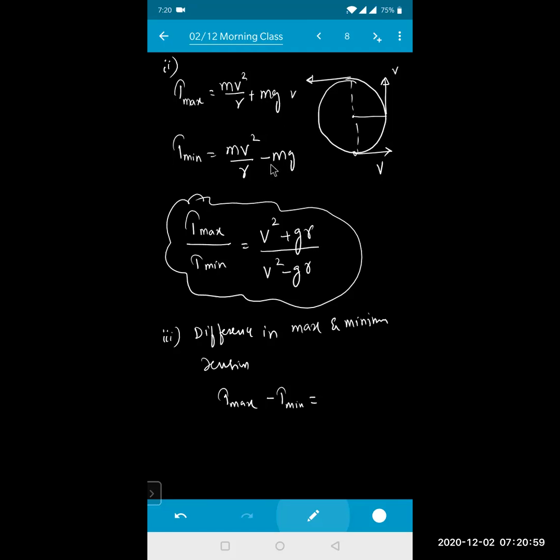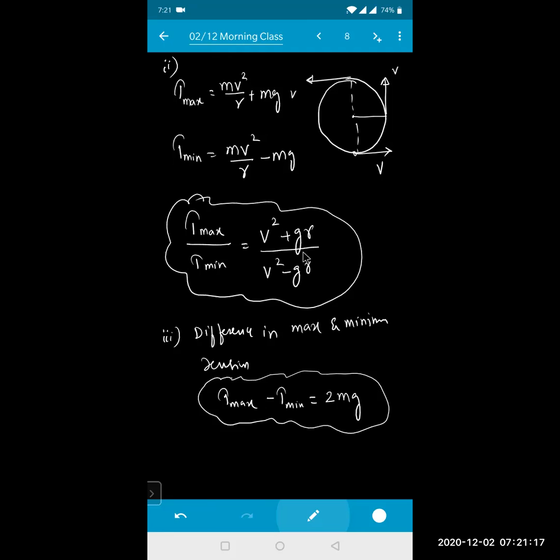This minus and this will become plus, so this will become 2 times m g. So T max minus T minimum will become 2 times m into g, or you can also write 2 times g r.